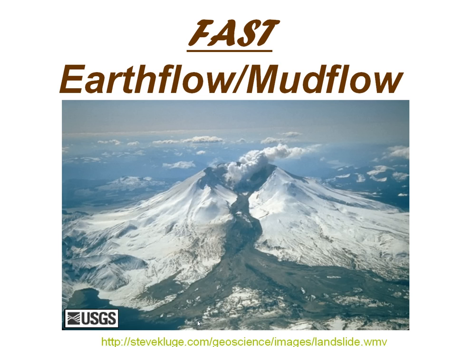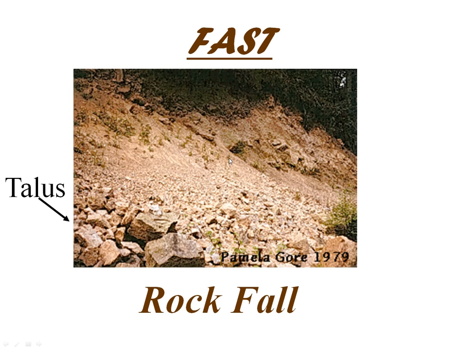This is Mount St. Helens, the lahar mud flow caused when the volcano's heat melted the glacier. Here's an image of another one. Look at the trees. Fast can also be a rock fall.